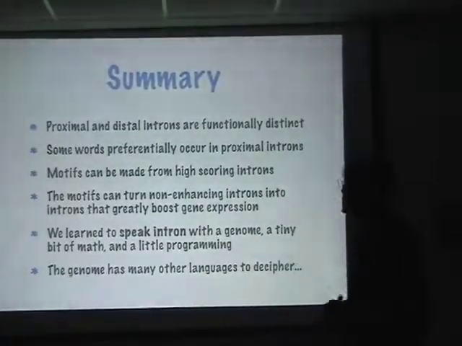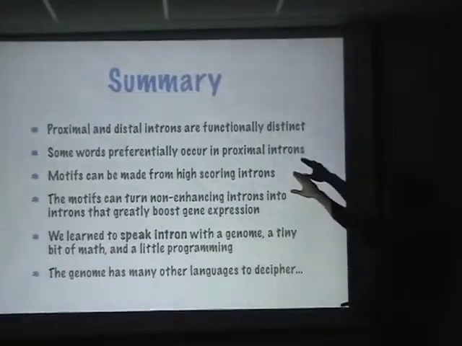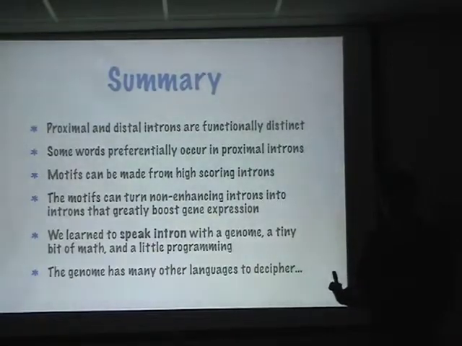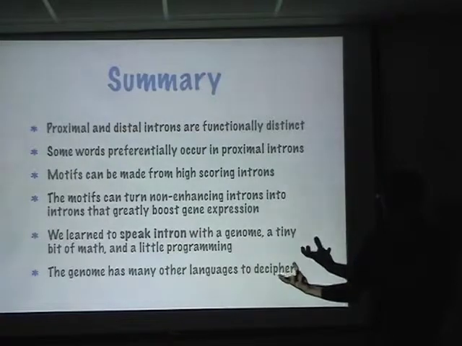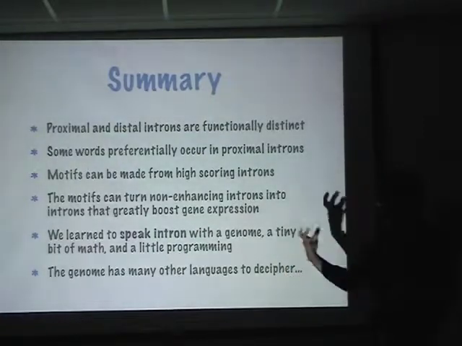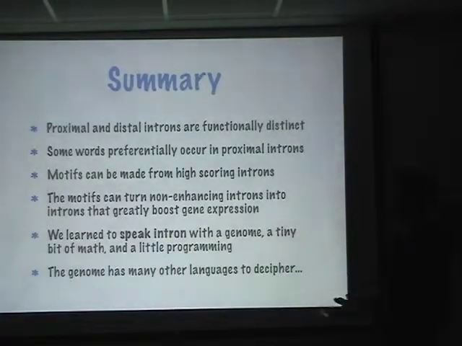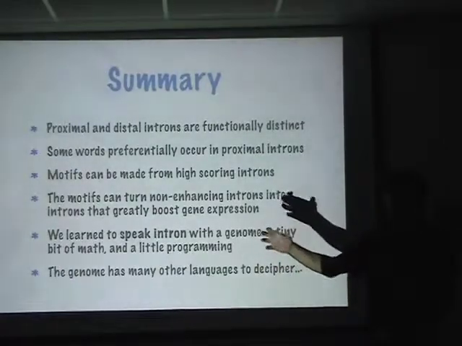So I want to just summarize here that in this story I've been telling you that proximal and distal introns are functionally distinct. That's pretty much how we started this story. It's like saying English and French are functionally distinct. They are different things, as are the introns here and the introns here. If they were not different, we wouldn't be able to do any of this. Some words preferentially occur in proximal introns. There are certain things like that pattern of G, A, T, C, whatever.